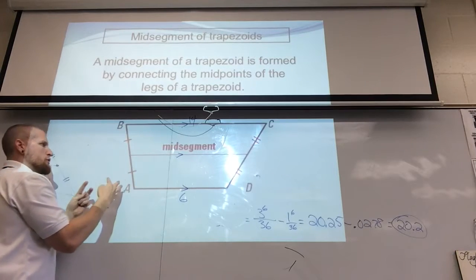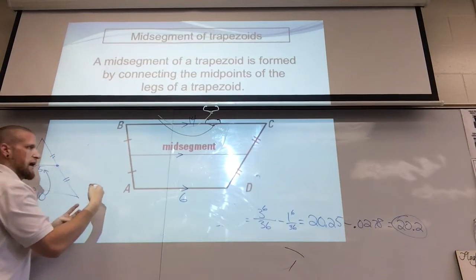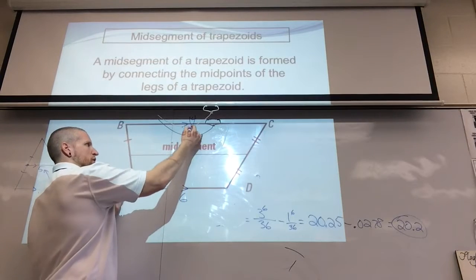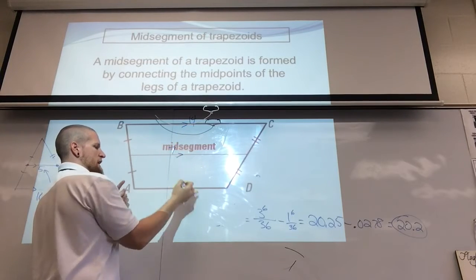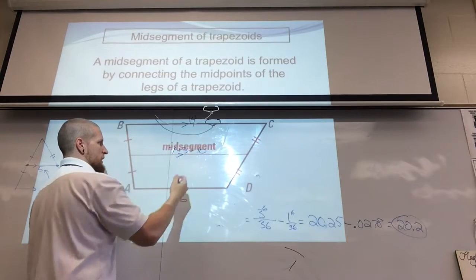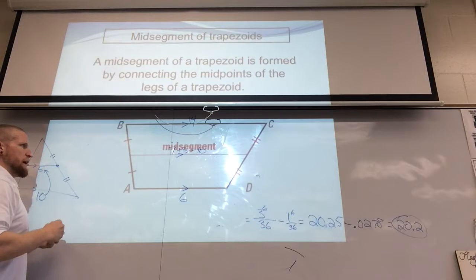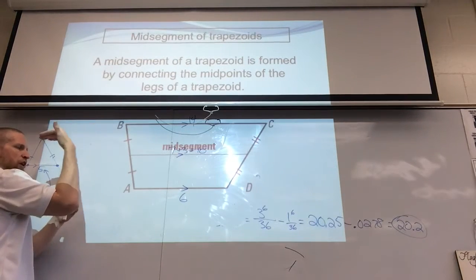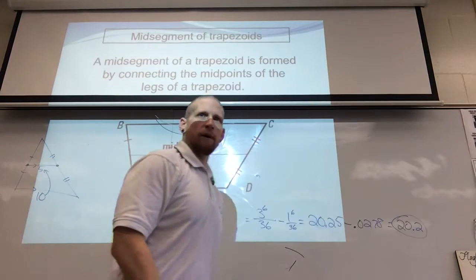So as opposed to like a triangle where I take half of one side, now I'm kind of taking half of both the sides. Such as, what's half of 14? 7. What's half of 6? 3. 7 plus 3 is 10. So it's 10. But it's the same kind of idea. It's still in the middle. It's just half of both of those sides combined together.